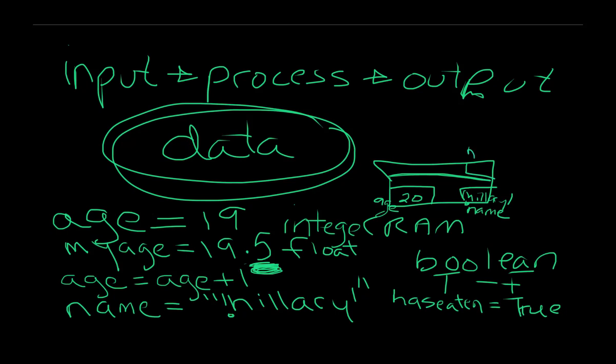Up here, I've got something called has eaten, and this will be stored as true. So these are the four basic data types that we're going to be using in this class. We'll also use a couple data structures. We'll use lists, and we will also use dictionaries, but strings, integers, floats, and booleans are the four basic data types that we'll be using in this class.